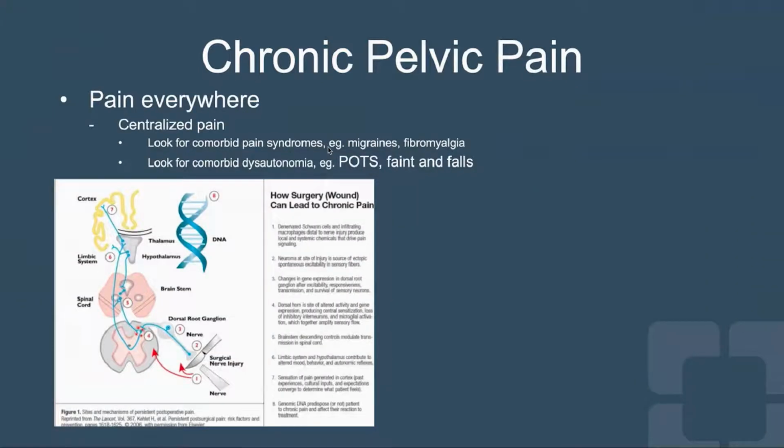Now the pain everywhere. So this is, well, yeah, I'm here for my pelvic pain, but also I have migraines, fibromyalgia, shoulder pain, TMJ, a myriad of pain symptomatology, and sometimes these also manifest as dysautonomias, postural orthostatic tachycardia syndrome, so POTS, faints and falls, issues that are more associated with the autonomic nervous system, and these typically come from a centralized pain origin.